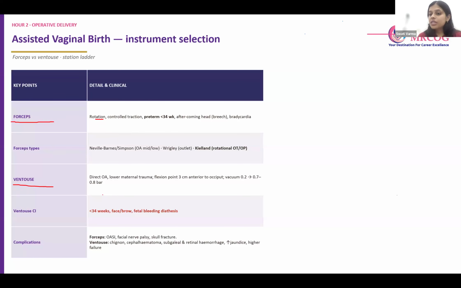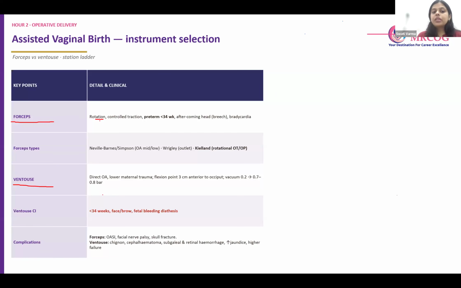Actually, the first and foremost thing which the RCOG says is that if there is no contraindication, then whichever instrument the operator is more confident with has to be chosen. There is no specific preference for any one. Whatever the operator is more comfortable to apply should be chosen.